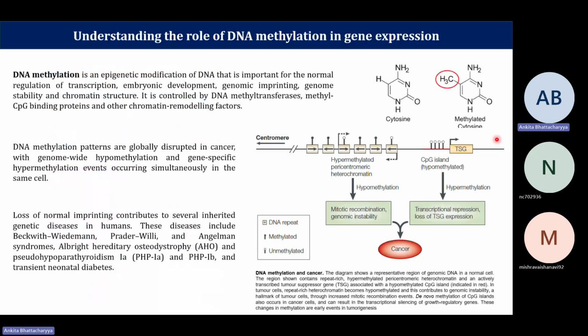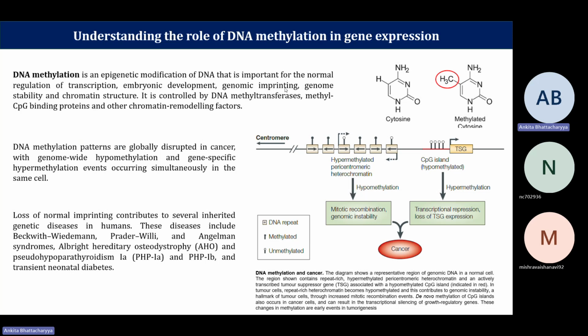Next, in week two, we moved on to discussions about the role of DNA methylation in gene expression. It is an epigenetic modification of DNA that's important for normal control of transcription, for embryonic development, genomic imprinting, etc. It is controlled by a set of enzymes called DNA methyltransferases, or DNMTs, methyl CpG binding proteins, and other chromatin remodeling factors.